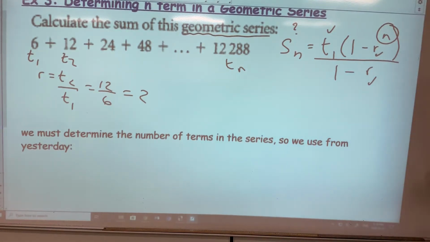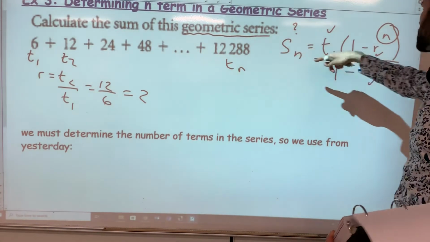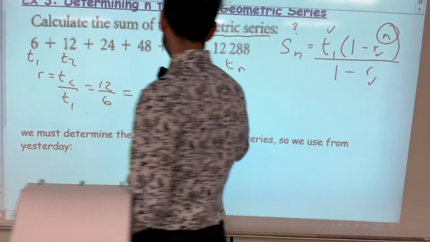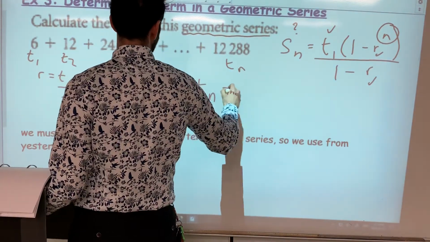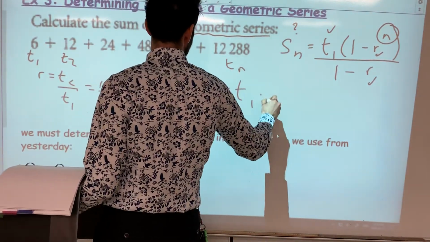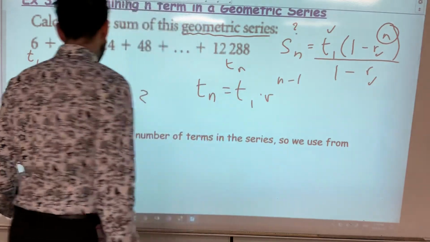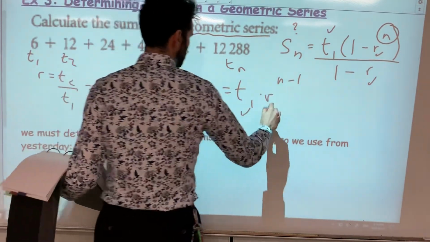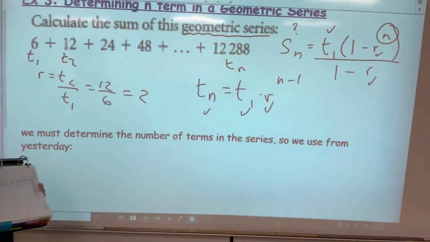No. So there are 2 unknowns. We don't know this, that's what we're looking for, and we don't know that. So can we use that formula? No. So that means that maybe we can use this formula to figure out what n is. This formula might be able to tell us what n is. Let's see, we know Tn, we know term 1, we know r, there's only one unknown. So yeah, I can use that formula to find n.